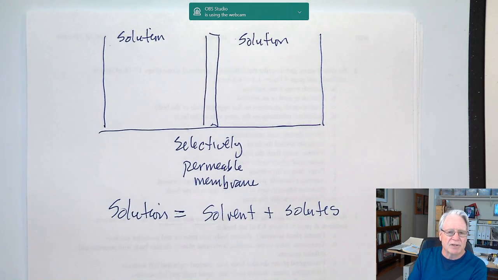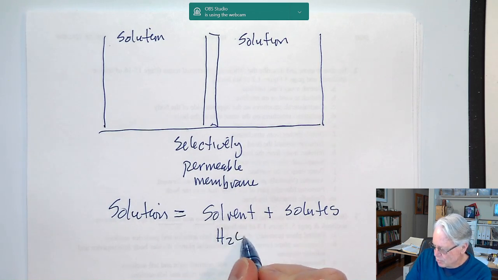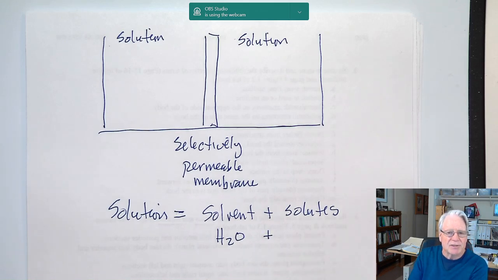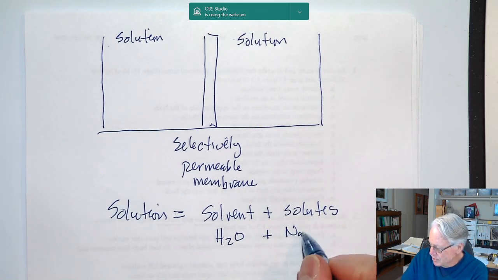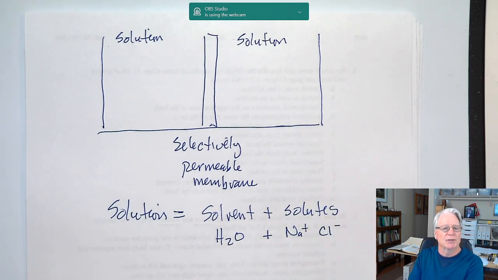And we covered this in lecture. A solvent, in our case, is going to be water. And something else dissolved in it. Salts, let's say, sodium chloride. Okay, those are my solutes. Okay.